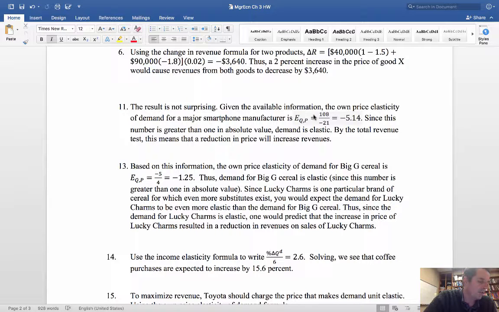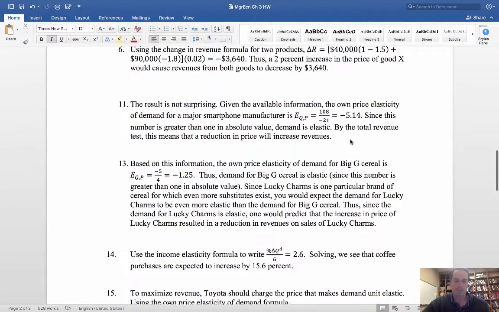And then there's a 21% drop in the price, so that wasn't quite as word slippery as the first one. So we end up with about -5 elasticity, and since it's less than -1, it's elastic.